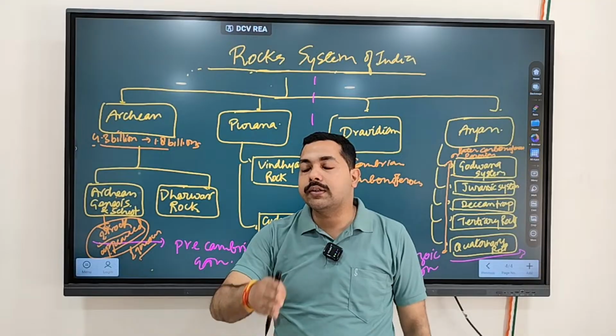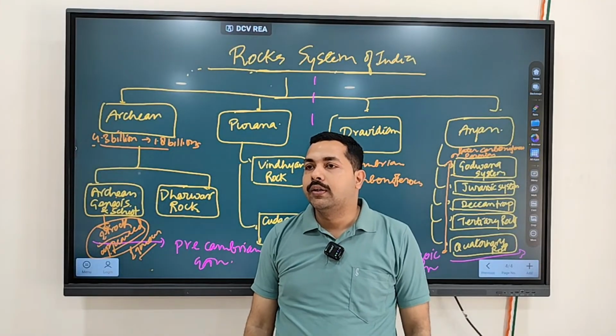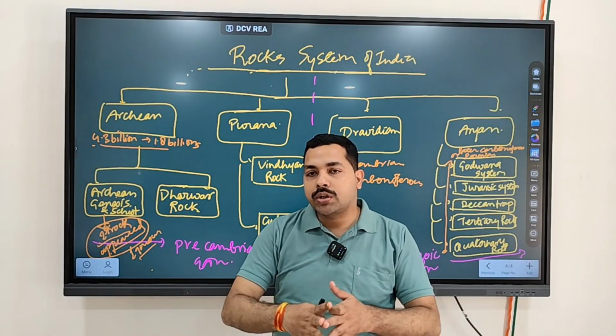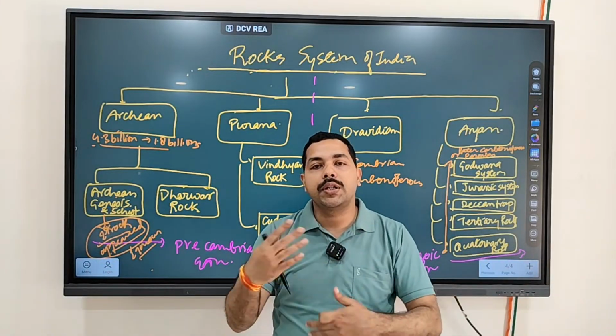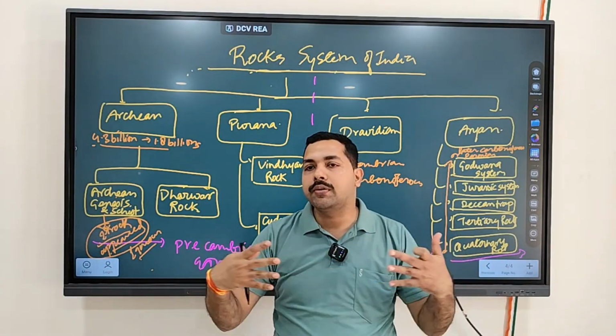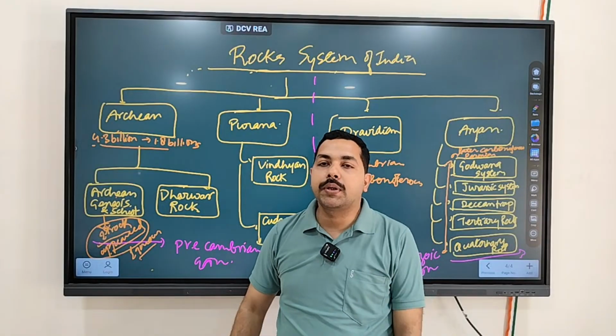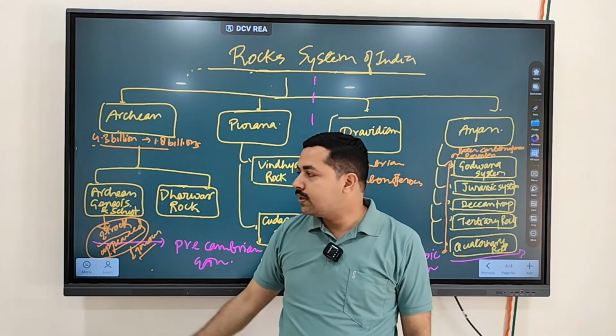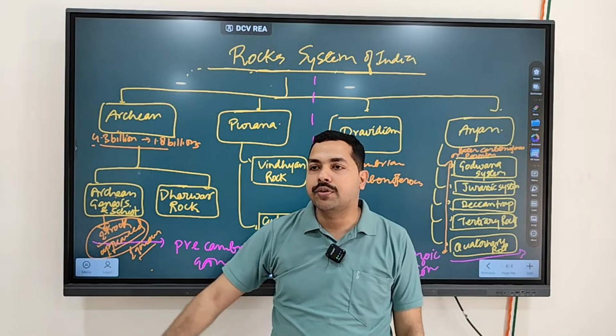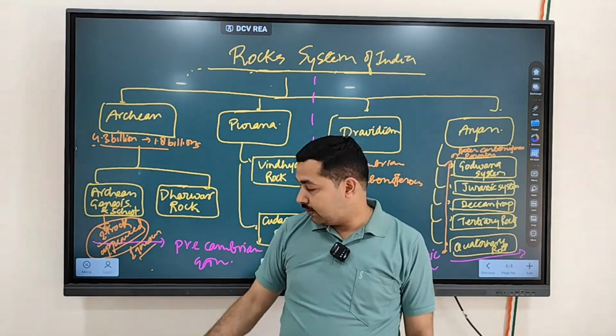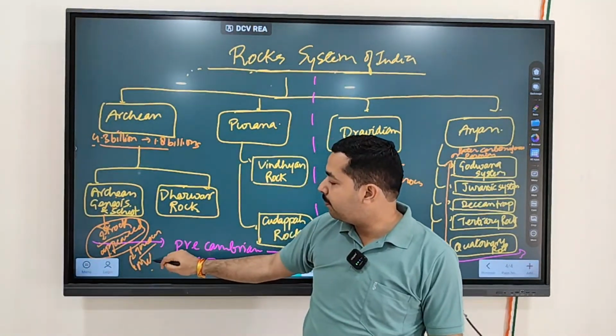But since then the Earth has been under what? Constant heating, constant cooling, temperature and pressure changes are happening, tectonic plate movement is happening. So this rock is going to currently exist in which form? Metamorphic form.